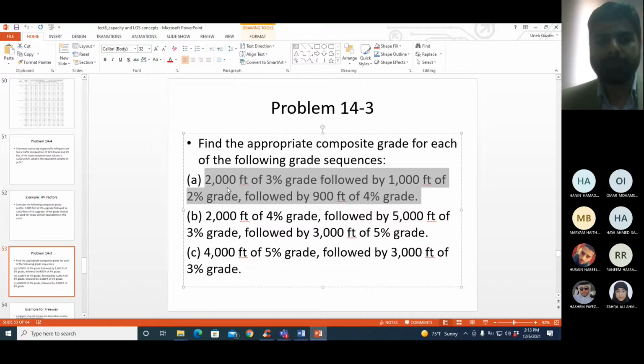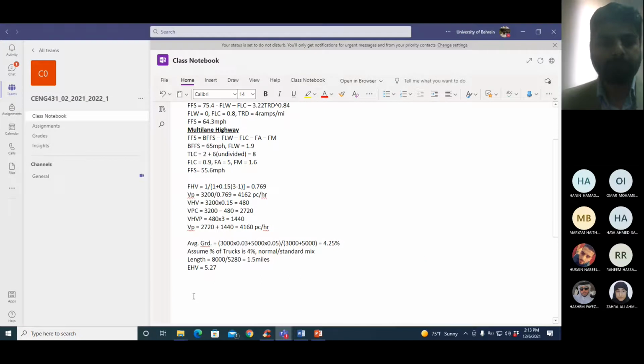So you have 2,000 feet with 3%, 1,000 feet with 2%, and 900 feet with 4%. So how to calculate the average gradient for this? Again, I need the total difference in elevation, total difference in height. So 2,000 times 3%, plus 1,000 times 2%, plus 900 times 4%, divided by the total length.